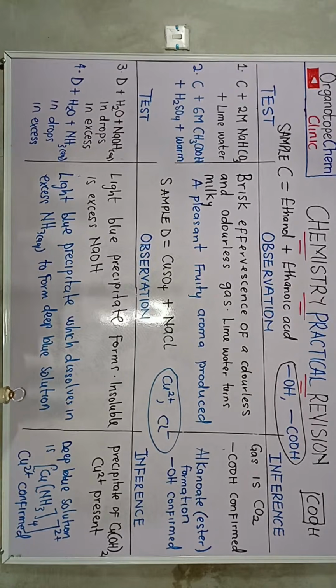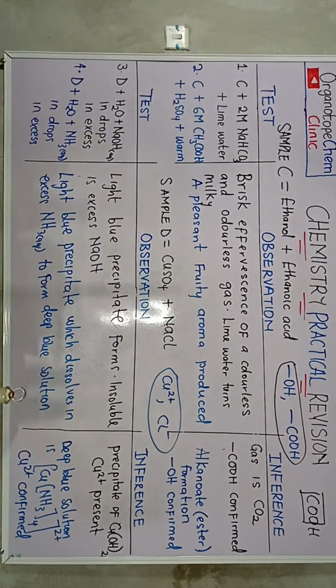Now make sure you look at the complex formed, that deep blue solution. Make sure you take note of the formula representation. Take note of the formula representation for the Cu(NH3)4 2 plus. Take note of the complex ion there.